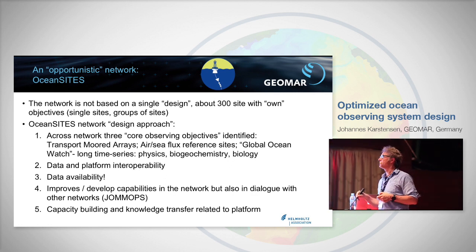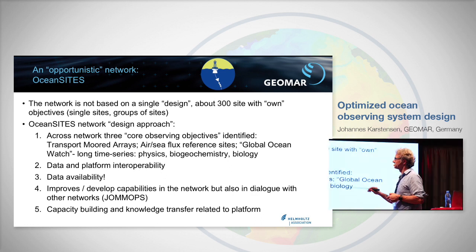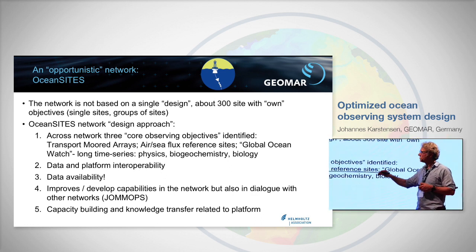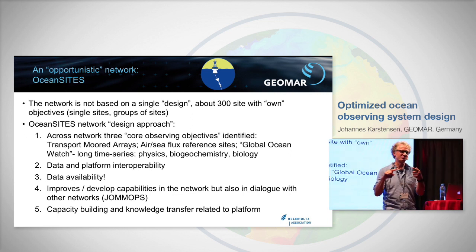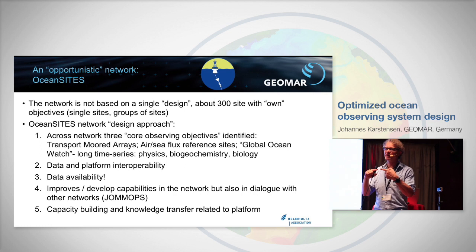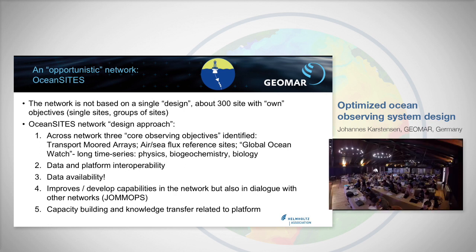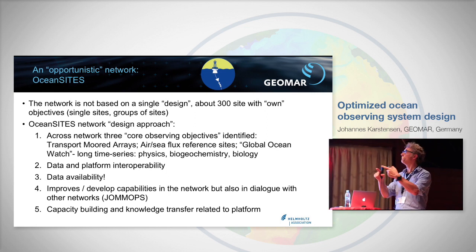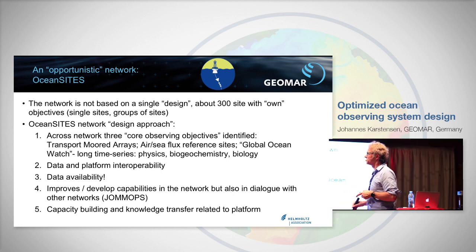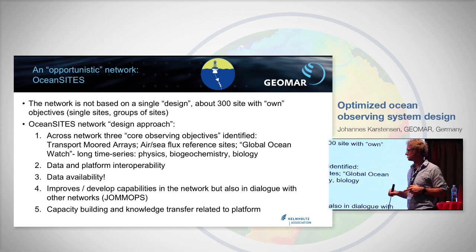What makes it really a network is that these networks try to implement data and platform interoperability. That is closely linked to exchange of knowledge, and to following certain standards for how the instruments are deployed. And of course, the availability of data and the format in which the data is made available is a big part of the network.